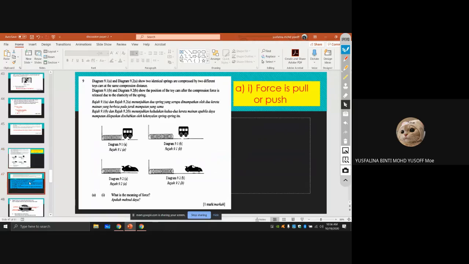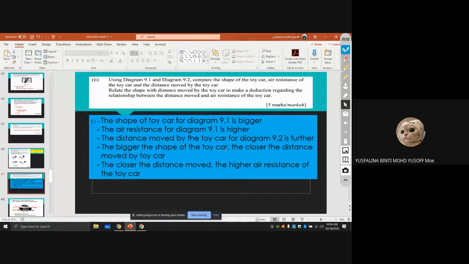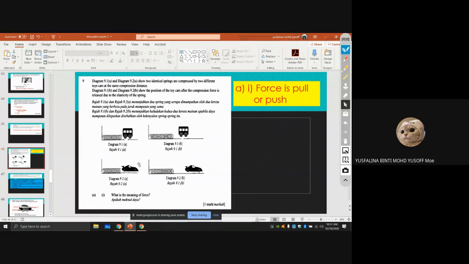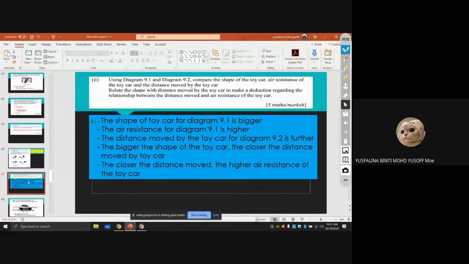And then the next one, the bigger the shape of the car, the closer the distance moved by the toy car. So means the smaller the shape, it will move further, right? And then the last one, the closer the distance moved, the higher the air resistance of the toy car. So that one is correct.